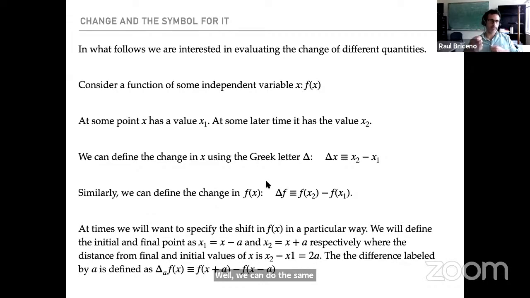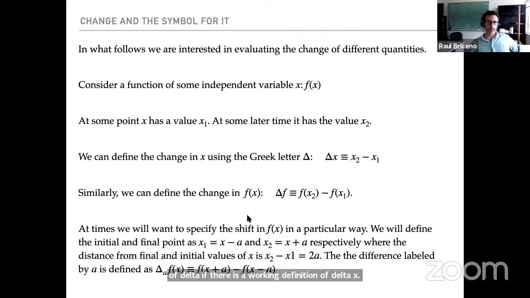As we change x, f itself is going to change. The change in f we denote the same way: delta f is equal to f evaluated at x2 minus the previous value of f, evaluated at x1, okay? This triple line symbol just means it's the working definition. So this is the definition of delta f, and this is a working definition of delta x.